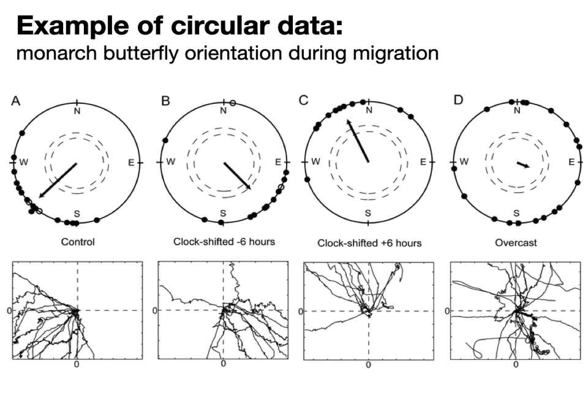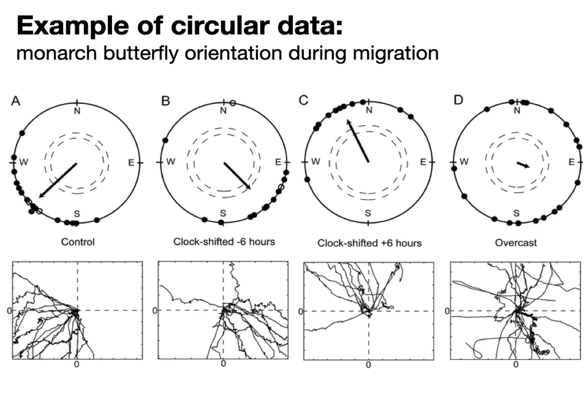Here's an example, another type, circular data. This is real data on monarch butterflies and how they're orienting during their fall migration period. It's from a study where the investigators wanted to understand how these tiny insects use cues like the sun to know where to go in their migration.